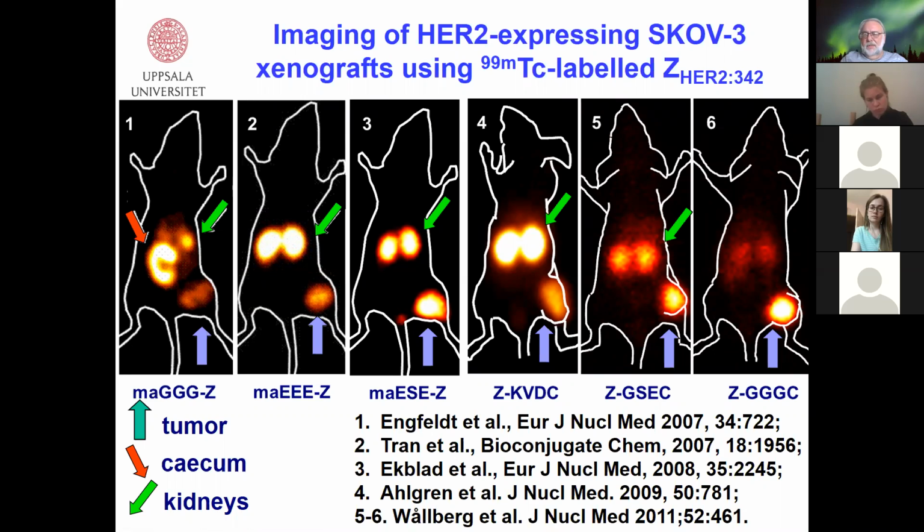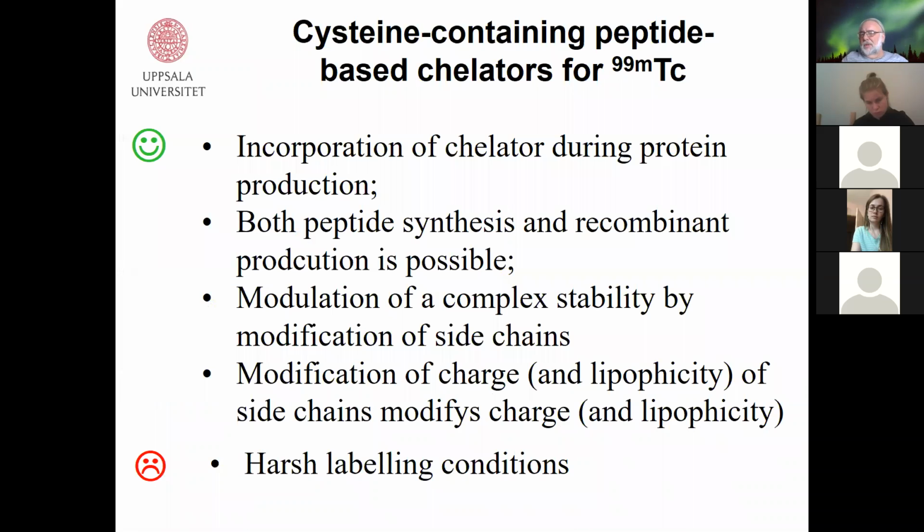So labeling chemistry is not only a way for stable attachment of a radionuclide to a targeting protein. It's also a very powerful tool in modifying pharmacokinetics and development of highly sensitive imaging probe. This is an important message. Overall, the cysteine-containing peptide-based chelators have a number of advantages.